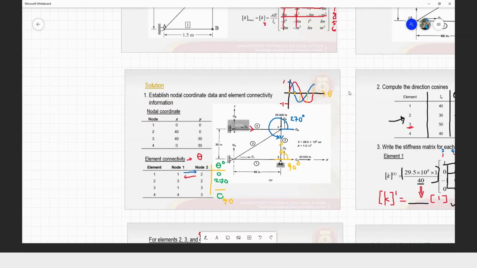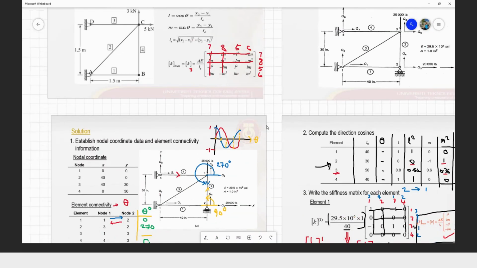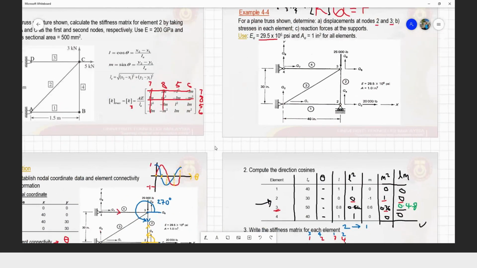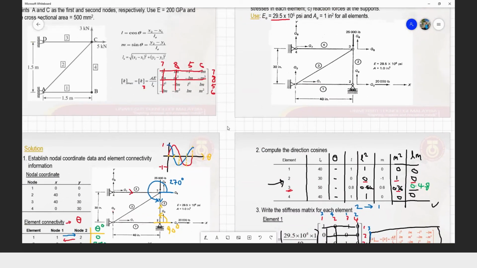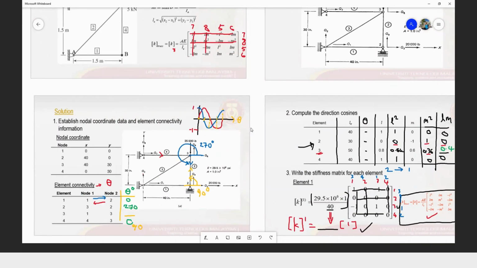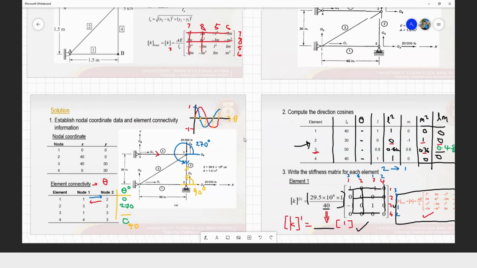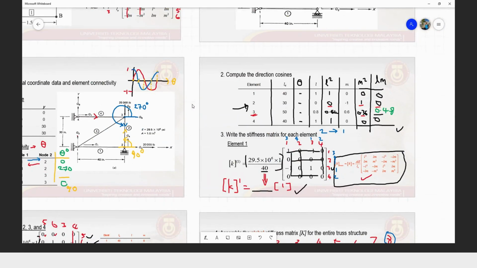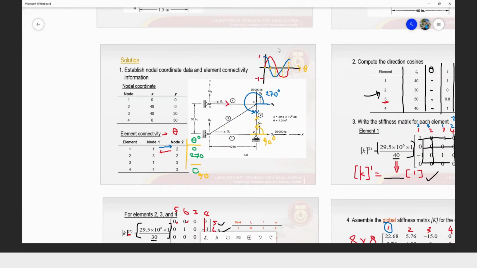Okay, nanti kita akan ada assignment on this similar example, which is kamu dah ada solution dalam slide ini, dan saya recommend kamu repeat menggunakan approach yang kita discuss tadi kan, di simplified versions lah, dengan elemen connectivity yang diberikan ni.